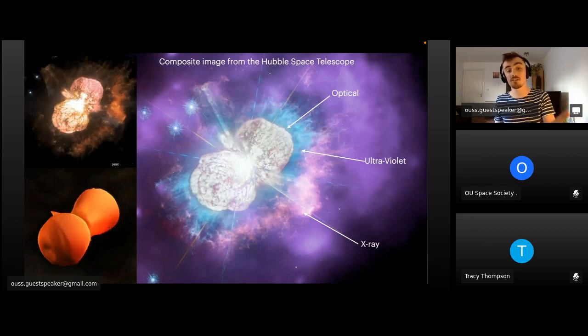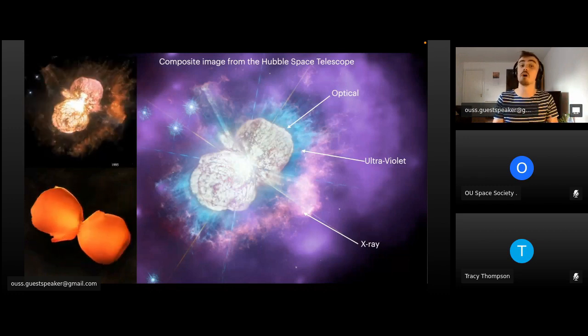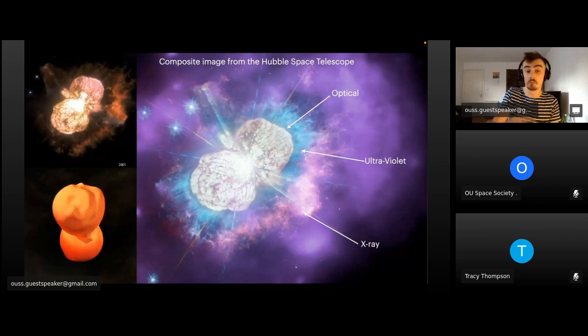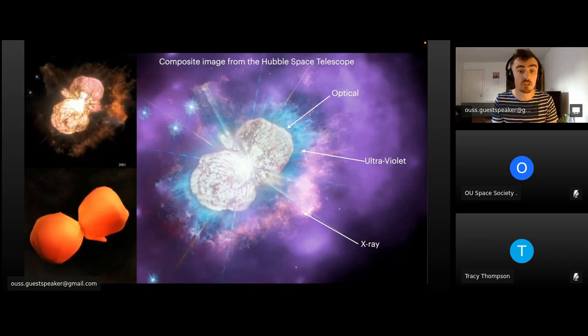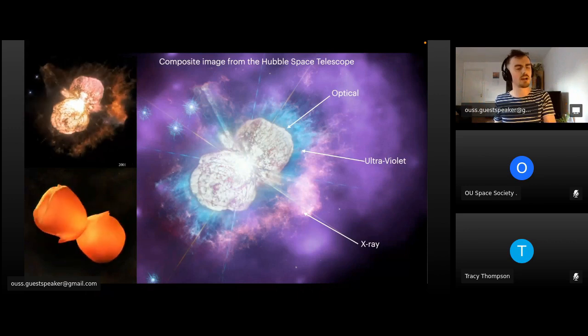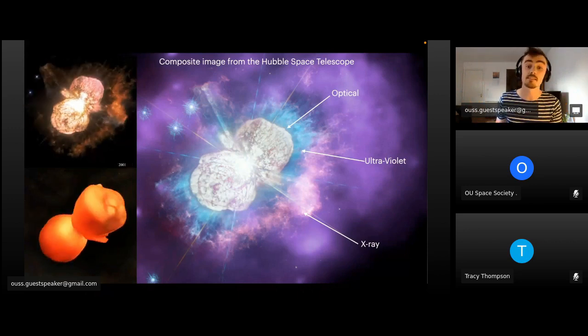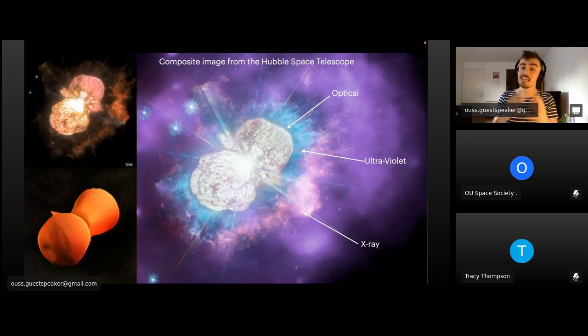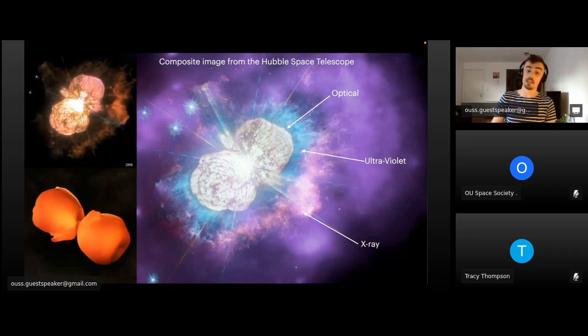In the top left, I show you that this system is still evolving. So you can see here over roughly a 10-year span, the whole explosion is still expanding out. So this tells us that whatever happened must have been quite recent if it is still expanding and still dense at this time. And the lower left, this is fantastic.